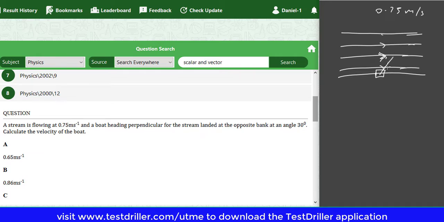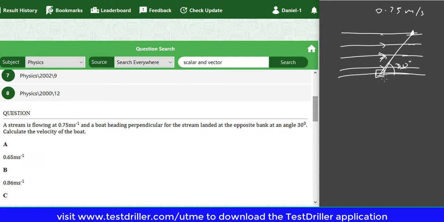So instead of the boat getting to the exact opposite point, it was moved slightly in such a way that it ended up making an angle of 30 degrees to the horizontal here. Now the question is saying we should calculate the velocity that the boat must have been moving with to end up landing here, right?